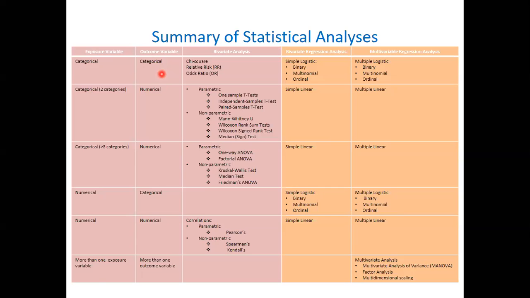The exposure is the independent variable; the outcome is the dependent one, the one that depends on the other. For example, with blood pressure and salt intake, we know that salt intake can lead to an increase in blood pressure. So the dependent variable is the blood pressure, which depends on the salt. It's not the salt that depends on blood pressure.